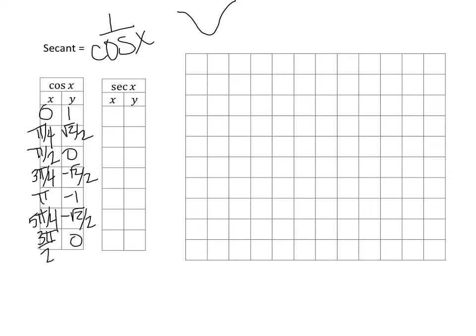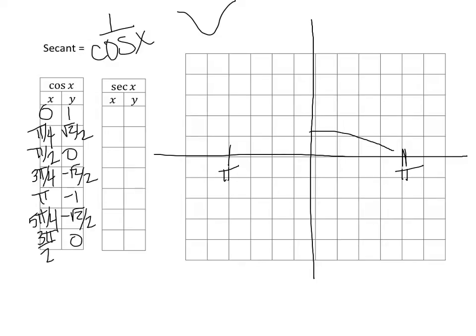So there's my cosine graph, and if I put that on here, this time since you know basically what it's going to look like, let's do fourths. So here's pi. And if I put cosine in, it's at 1.